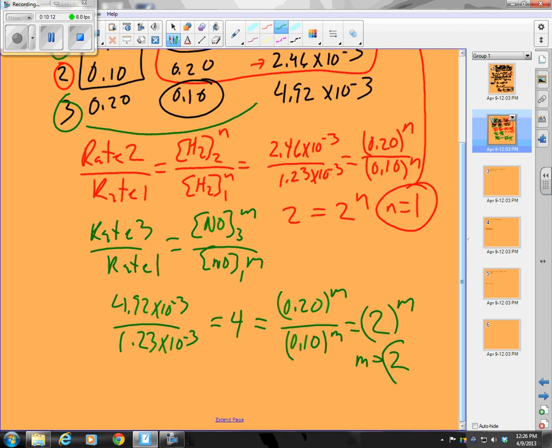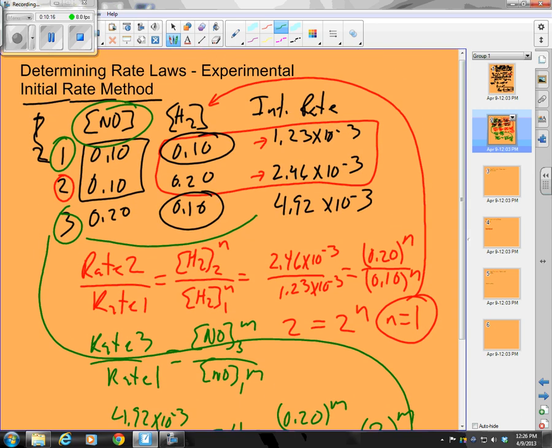So that is going to go right up here, right? When I write my rate law, this has a 2 on it, this has a 1 on it. So my rate law would be rate is equal to K, the concentration of NO to the second, the concentration of H2 to the first, right? Good. And then from this, I could calculate the units on my K.